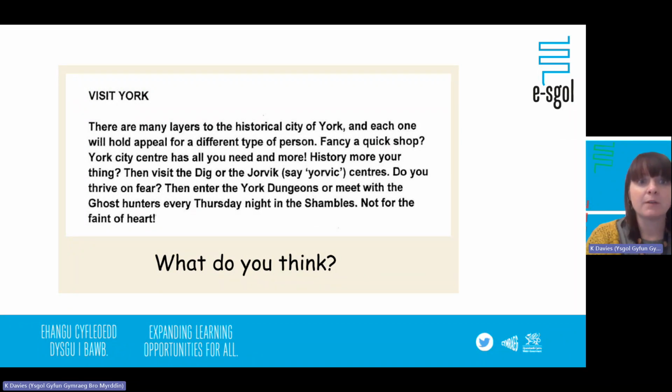So you've got, there are many layers to the historical city of York, and each one will hold appeal for a different type of person. So those of you who shop, fancy a quick shop? History more your thing? Okay, and then do you thrive on fear? So making sure that you are aware that if you plan to visit York, there's multiple things that could potentially suit you and your personality and your interests, okay? So it's multifaceted.